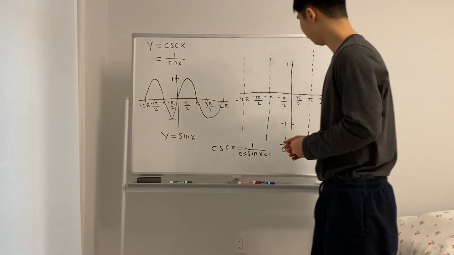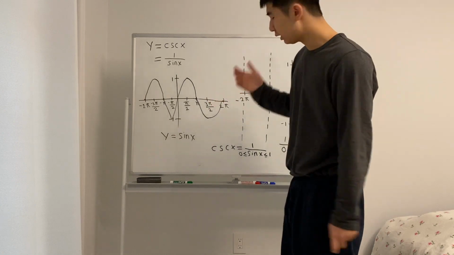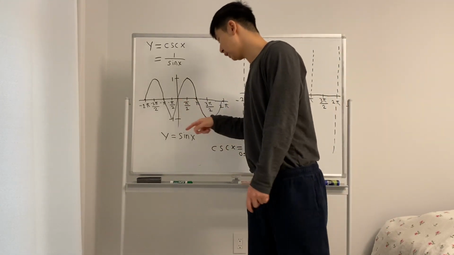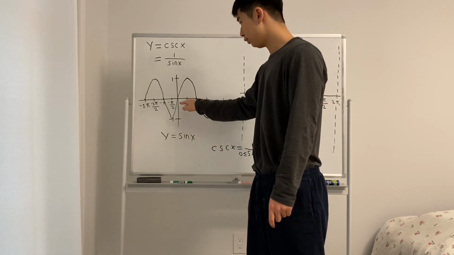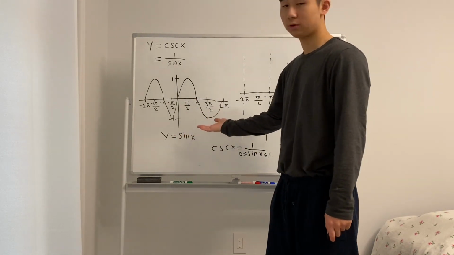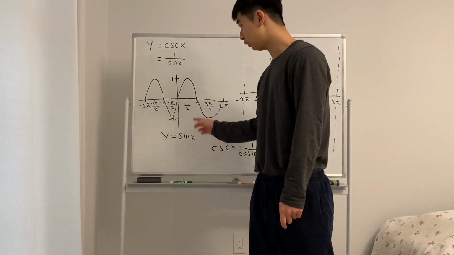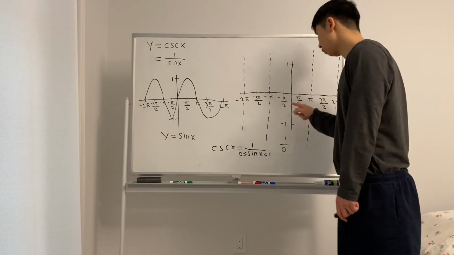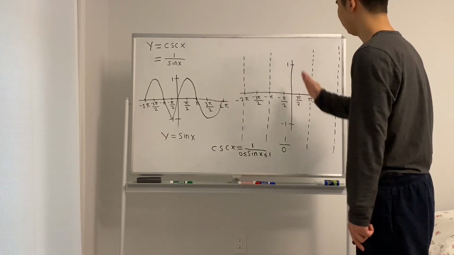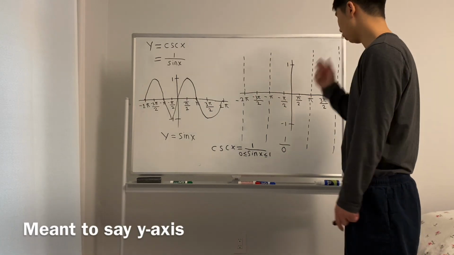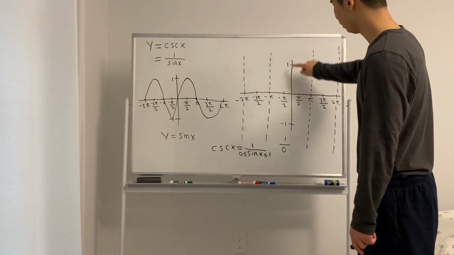That makes sense because I forgot to mention earlier that if you plug in 0 for x, sine of 0 is just 0. Since it's 0 on the sine graph, that also means there's going to be a vertical asymptote at 0 on the cosecant graph. I didn't draw a line there because there already is a line because of the x-axis, so there already is a vertical asymptote here.